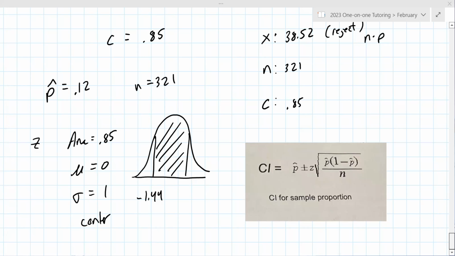So for the first one, I got the positive one, I got 0.0765.